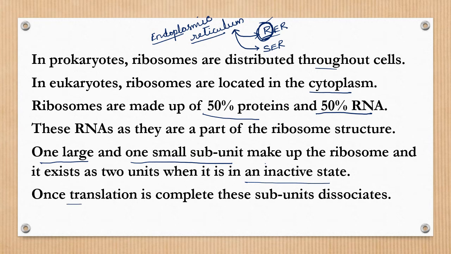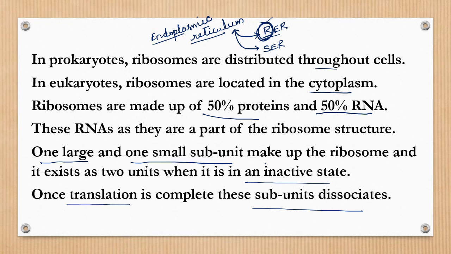Once the translation is complete, these subunits dissociate. The ribosomes are active during the translation process. At the time of translation, they are active by joining the large and small units to form the ribosome.